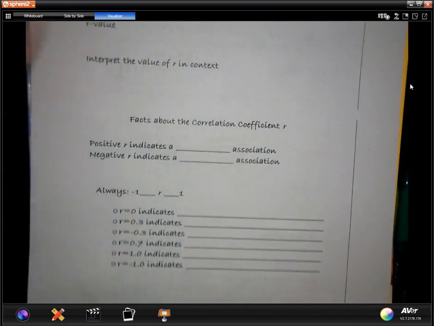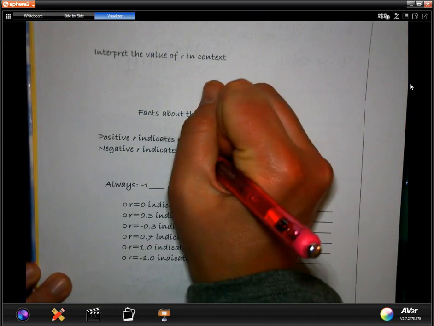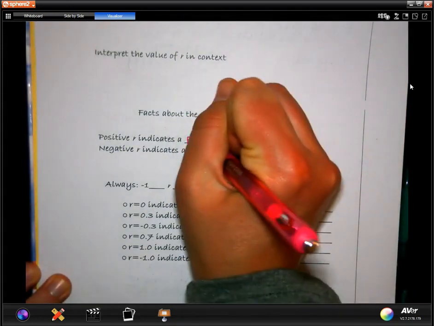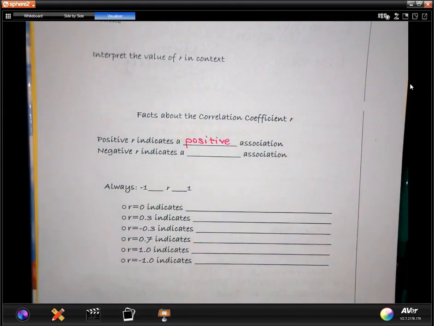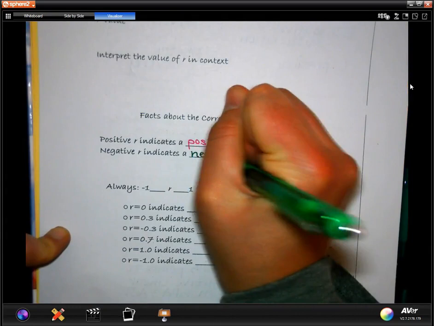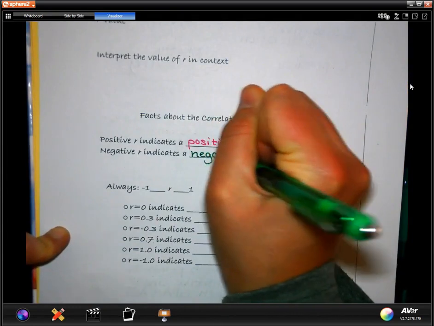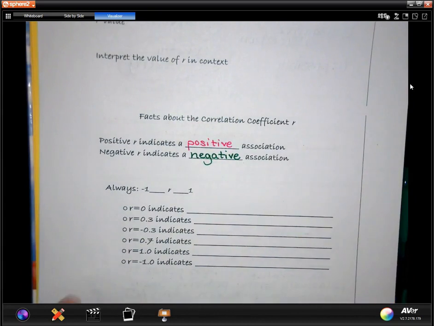First of all, like I already said, a positive r means you have a positive association. A negative r means you have a negative association. r lives between -1 and +1.